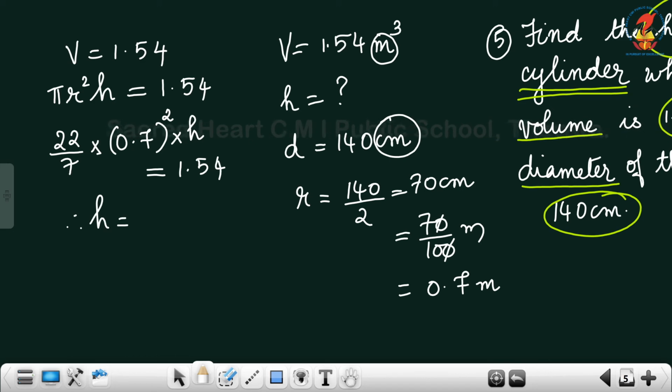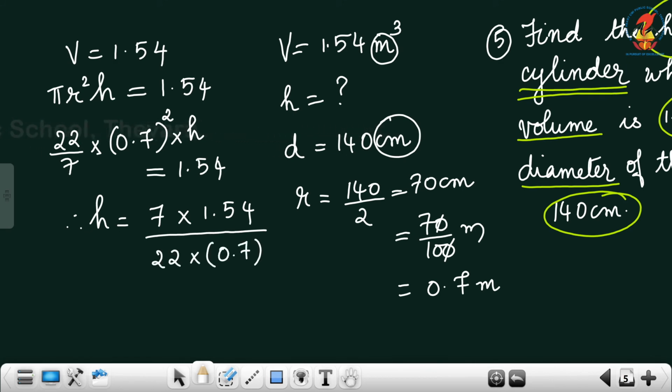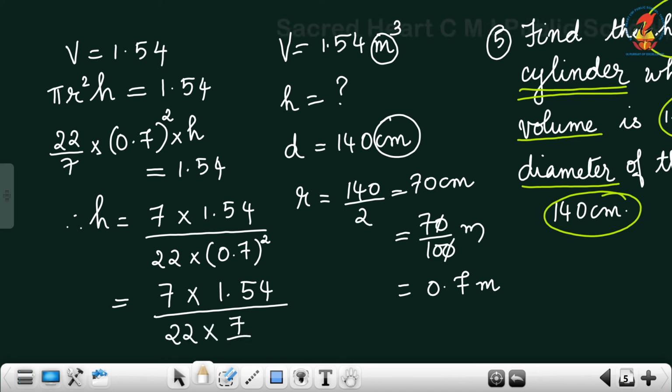Therefore, height is equal to, cross multiplying, 7 into 1.54 by 22 into 0.7 square. You have to multiply, remove the decimal, and then you will get the answer. It's the same as 7 into 1.54 by 22 into 0.7, which is the same as 7 by 10 into 7 by 10.